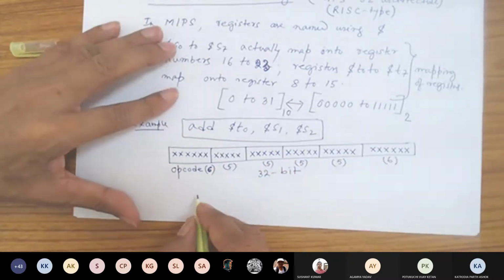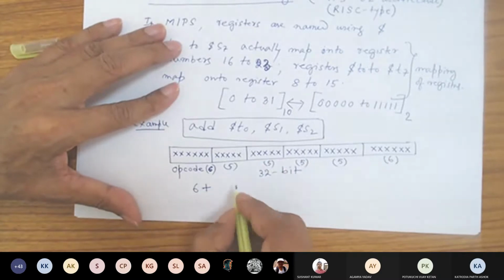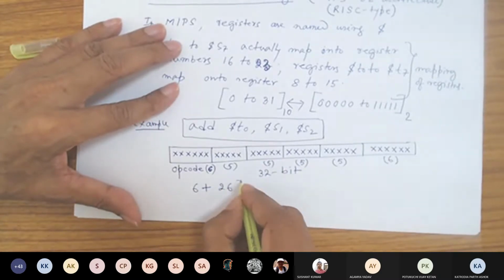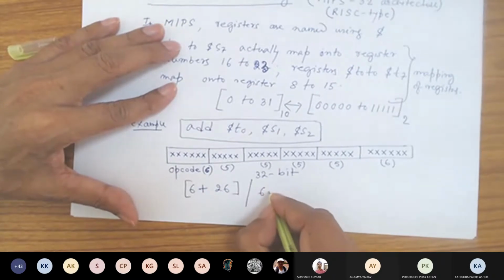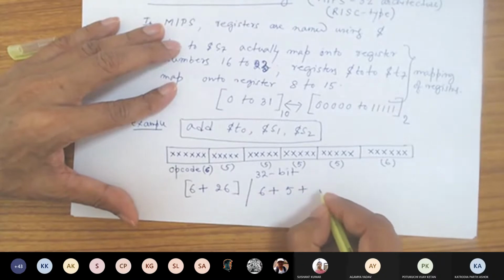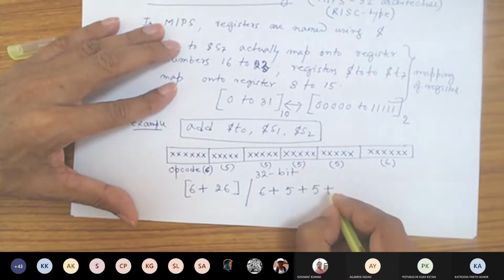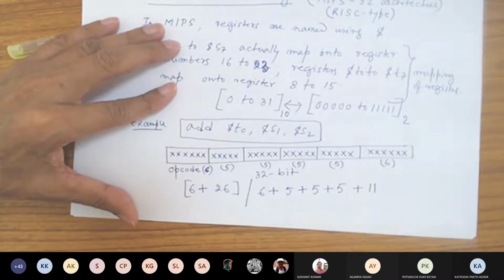So I can have now options like 6 plus 26. Another option, we can have 6 plus 5 plus 5 plus 5 plus 11.